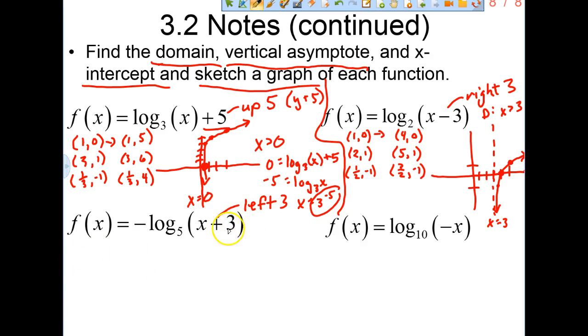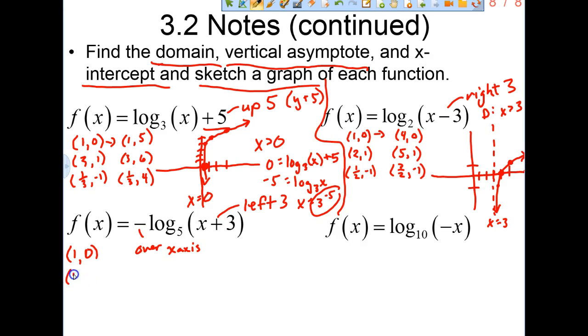Okay, we already said we have the left 3 shift, but then we also have this negative sign, which is a reflection over the x-axis. So we have the left 3, which is changing the x value, and then we have the reflection, which is changing the y value. So it doesn't matter what order we do them. All right, so I'm going to start with my 3 basic points. 1, 0, 5.